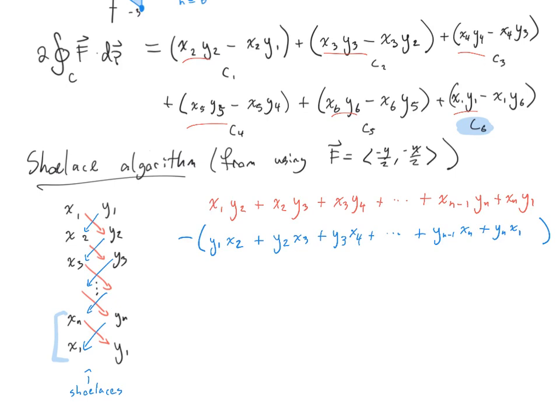And when you add this and subtract this, you're going to end up with twice your area. And so if you add this up, you get twice the area. Which makes your life somewhat easy.